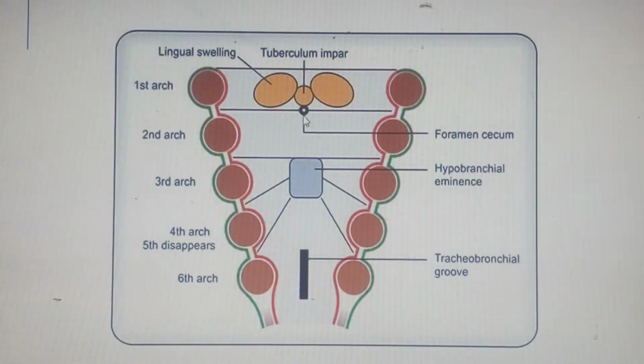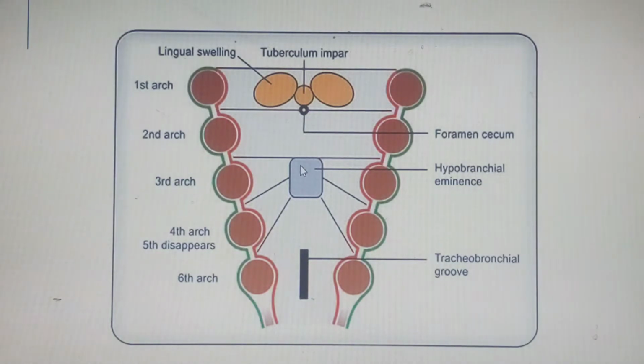Just behind that, we have the foramen cecum, and this foramen cecum will make way for the diverticulum to move in there. When we look at the development of the tongue, we will mention this foramen cecum once again. So the lateral lingual swellings, with little contribution from the tuberculum impar, will lead to the formation of the anterior 2/3 of the tongue.